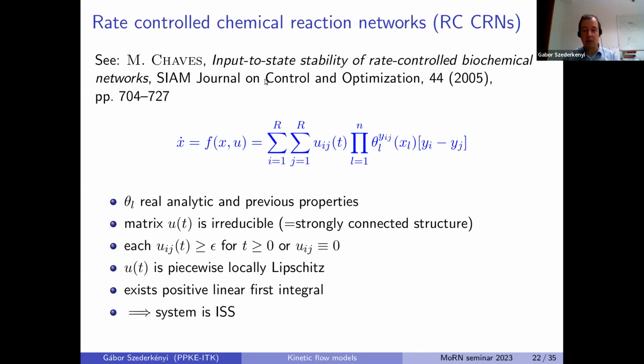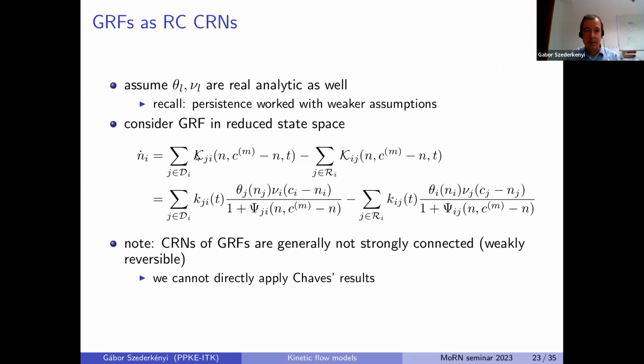So this is the result of this original paper. And we can write generalized ribosome flow models as rate-controlled chemical reaction networks. So this is the basic setup, the time-varying coefficient times the other part of the rate function.